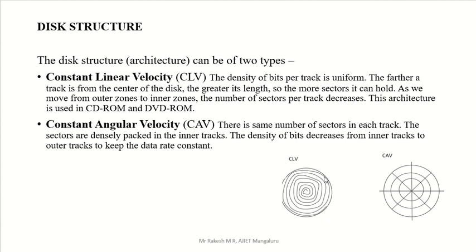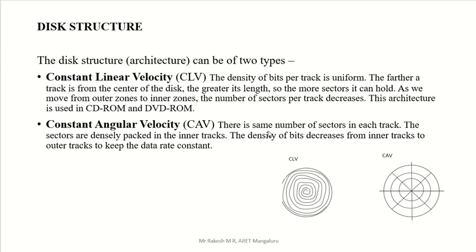Again the track is divided into sectors, so because of the larger track we have many sectors. Here the small track has a small number of sectors. And the density of bits stored in the track is also small here, while the density of bit storing capacity is large there.